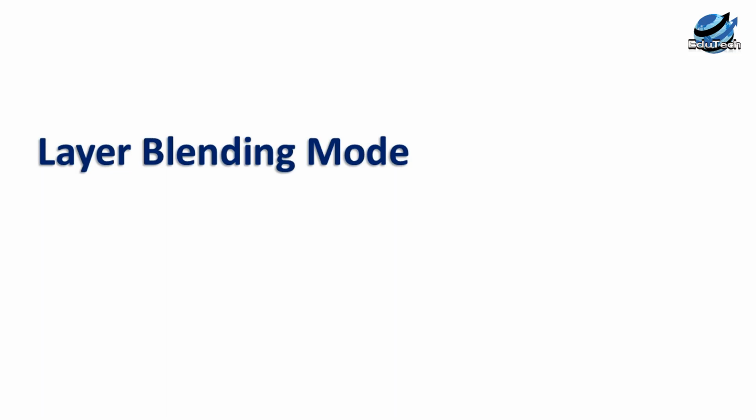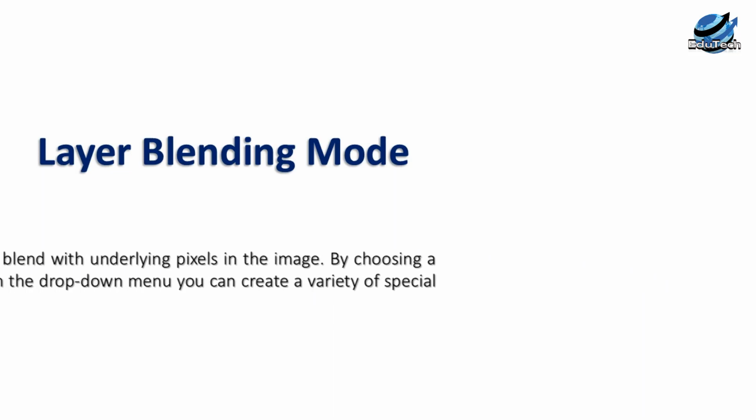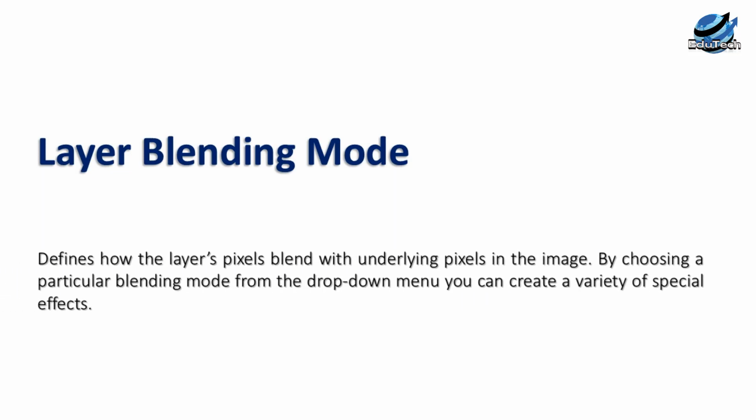Layer blending mode defines how the layer's pixels blend with underlying pixels in the image. By choosing a particular blending mode from the drop-down menu, you can create a variety of special effects. Fill.